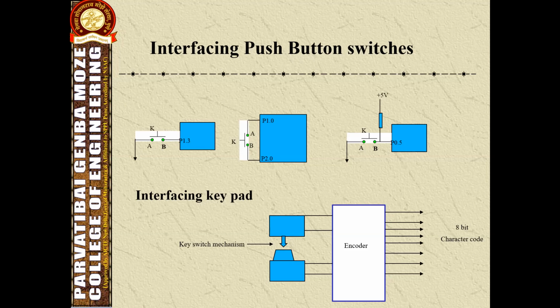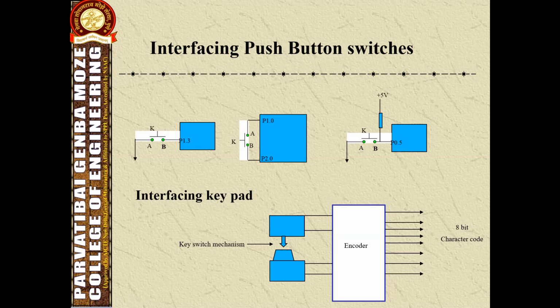However, when K is pressed, a connection is established between terminals A and B, connecting pin 3 of port 1 to the ground.